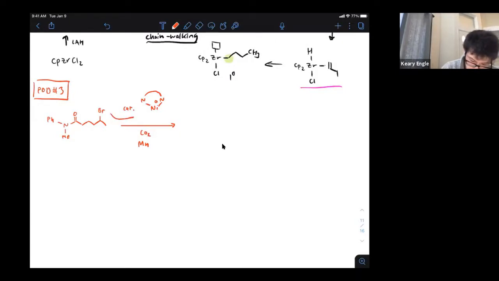So let's go ahead and draw out this, as Noor said, a radical-based pathway. So we get homolysis of this carbon halogen bond. I'm just going to draw this like this. Now we have nickel 1 bromide.